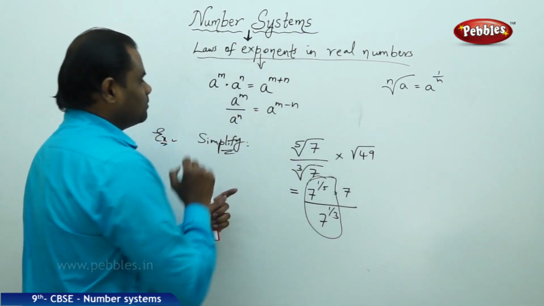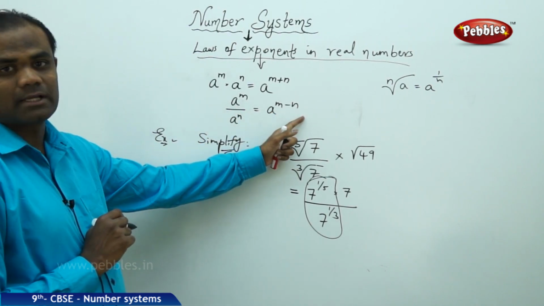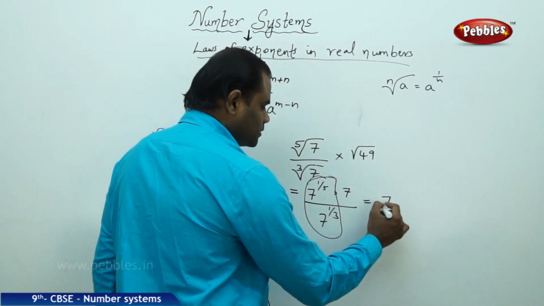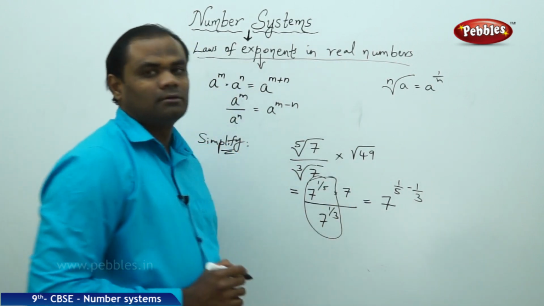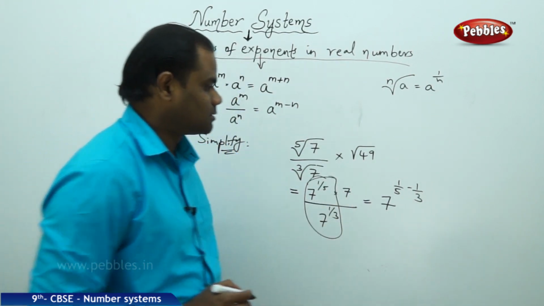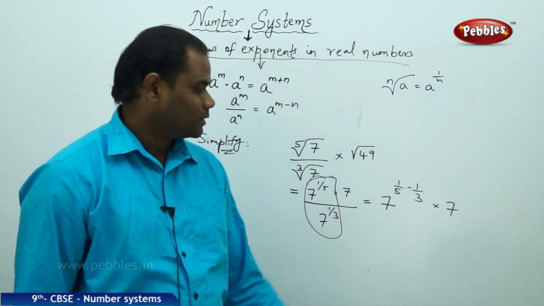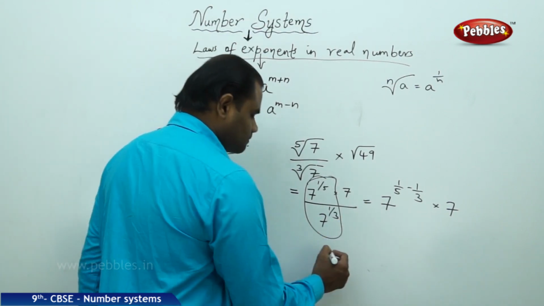Now I clearly see that this satisfies the property number 2, that is a power m by a power n is a power m minus n. So replacing a by 7, I get the second law of index, which is a power m minus n, is how we understand this, times 7, never to be forgotten. And here I get this by further simplifying through LCM.